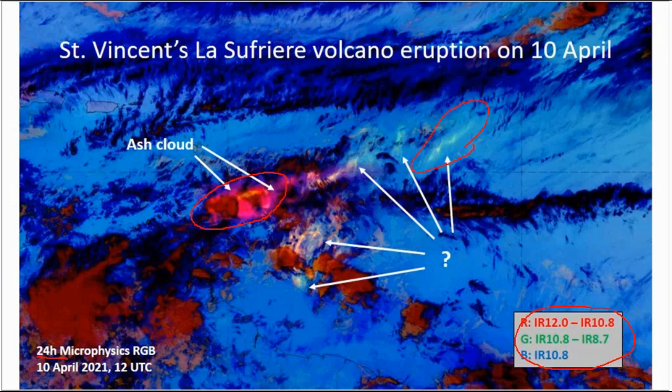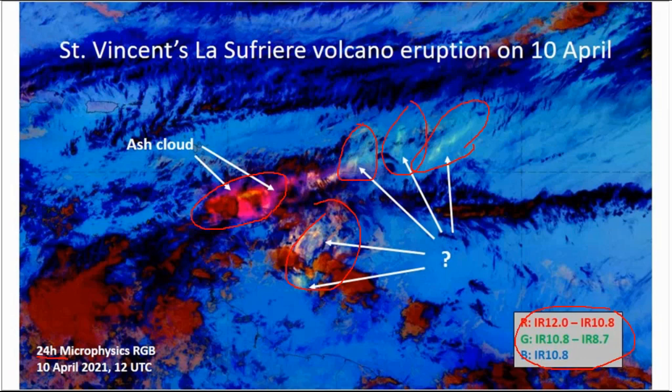Then I saw these stripes away from the volcano, and I wasn't sure what that was. I was thinking that these were SO2 clouds, but they were in this strange form of stripes, not in the form of a single cloud.